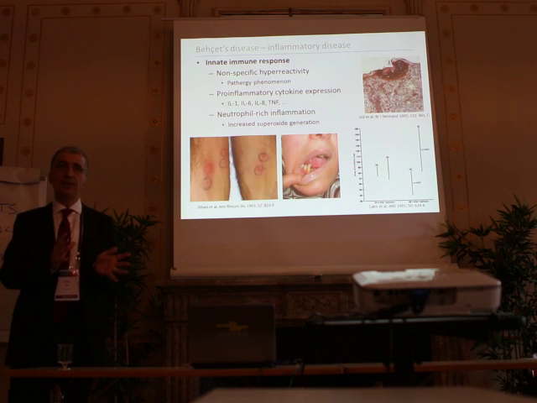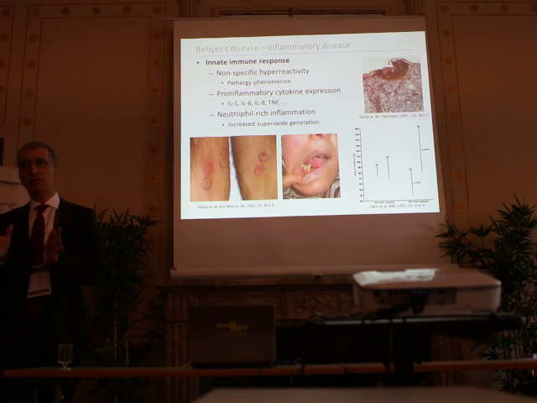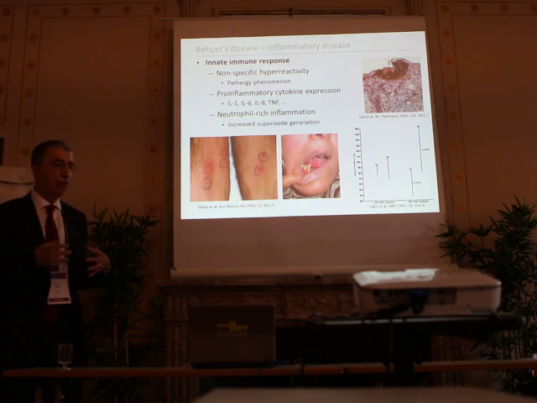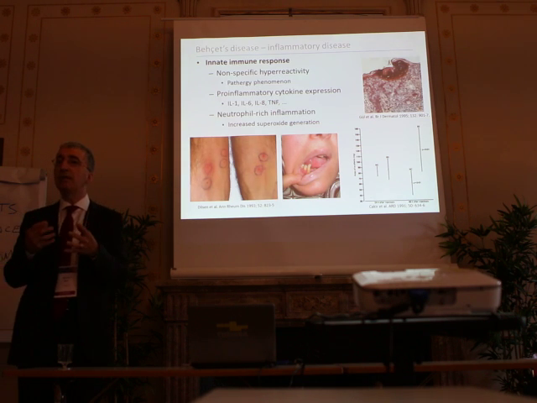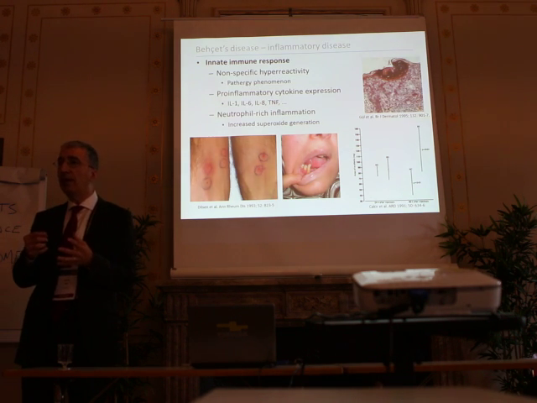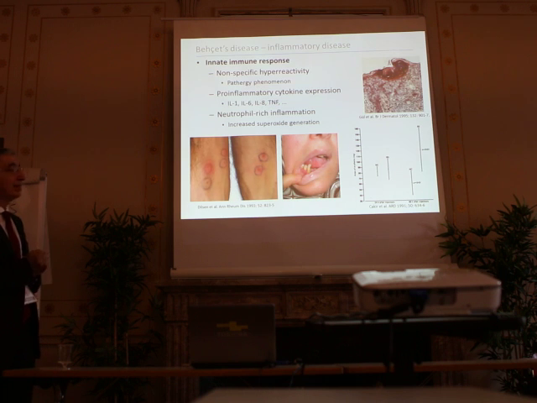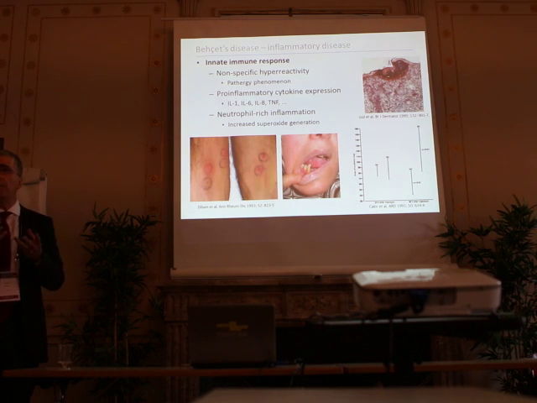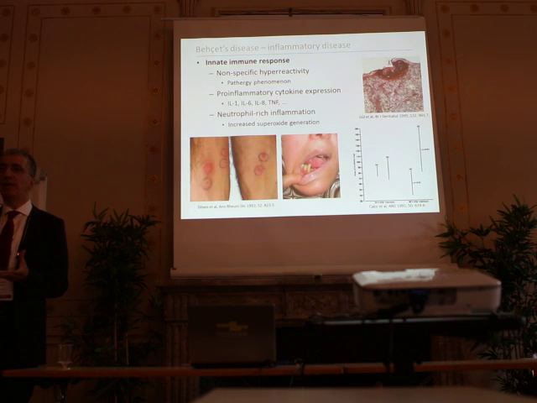So Behçet's disease usually results from an increased innate immune response, resulting from, let's say, the production of pro-inflammatory cytokines, inflammatory mediators like IL-1, TNF, IL-8, IL-6, and it's also associated with an increased neutrophil activation, another important innate cell.